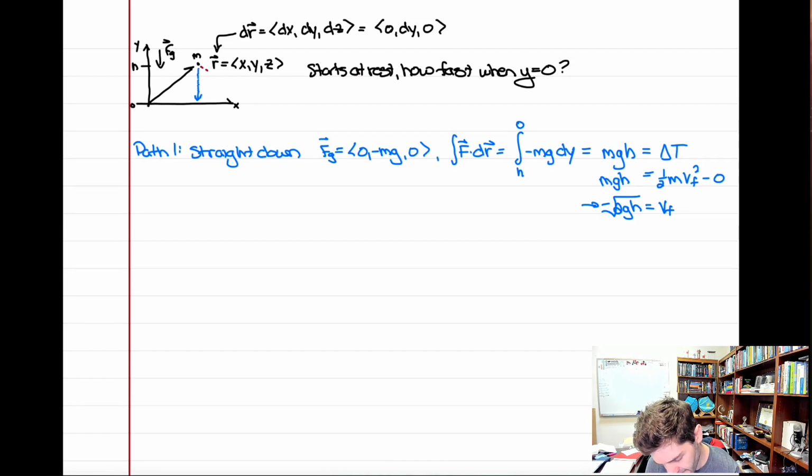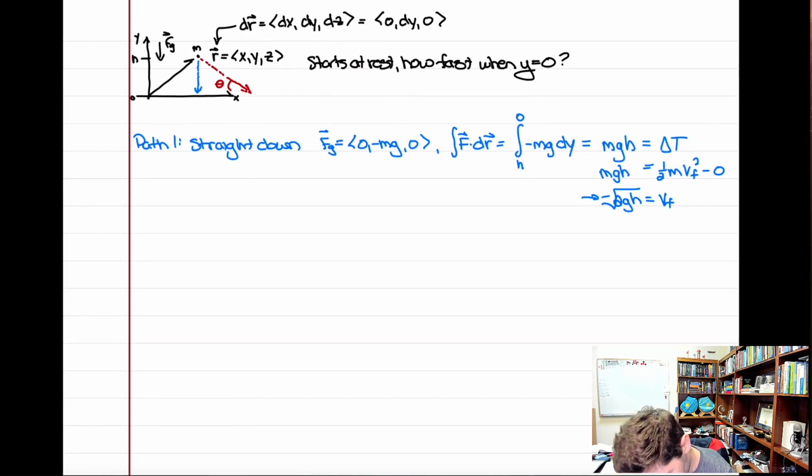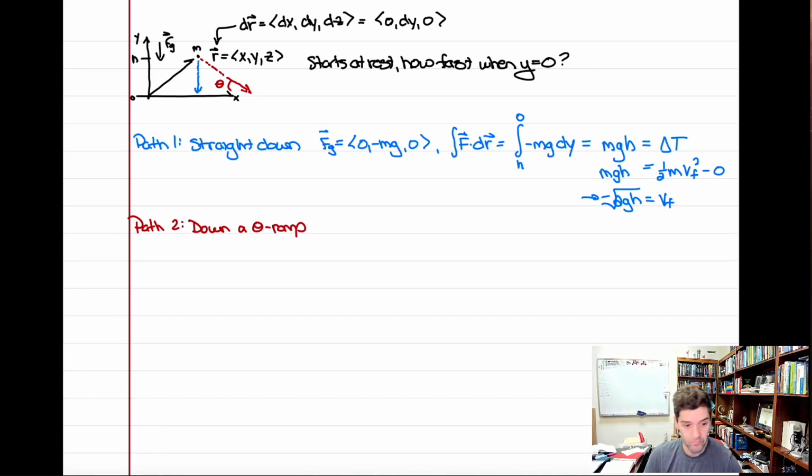Now let's do the path where it moves down a ramp at some angle theta. I think I said 30 degrees, but let's just make it some arbitrary angle between 0 and 90. In this case, path 2, down a 30-degree ramp, down a theta ramp, there is motion in the x direction and the y direction.